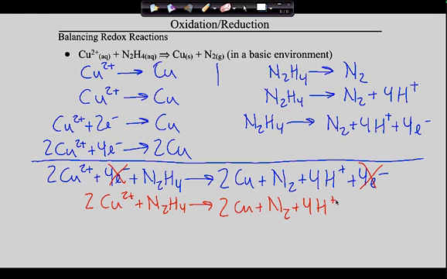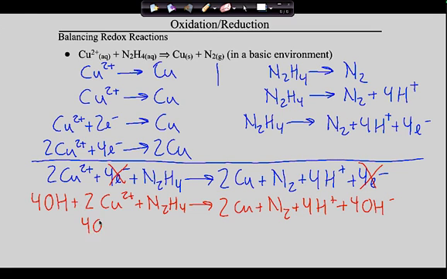So what we do is we look at our abundance of hydrogen, there's 4, and we add that same number of hydroxides. We are going to add 4 hydroxides here, and then similarly, we're going to add 4 hydroxides to both sides. This then results in our complete equation.